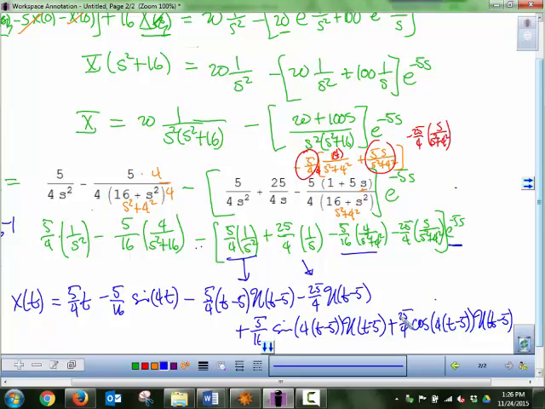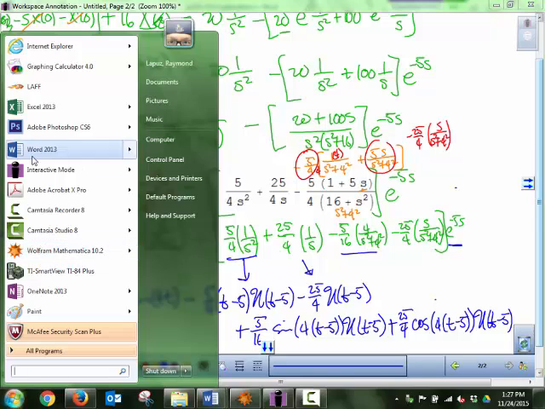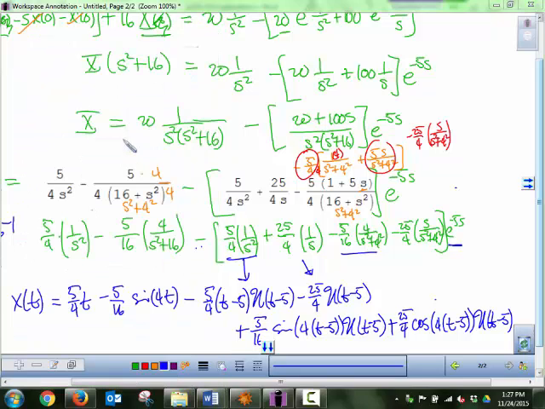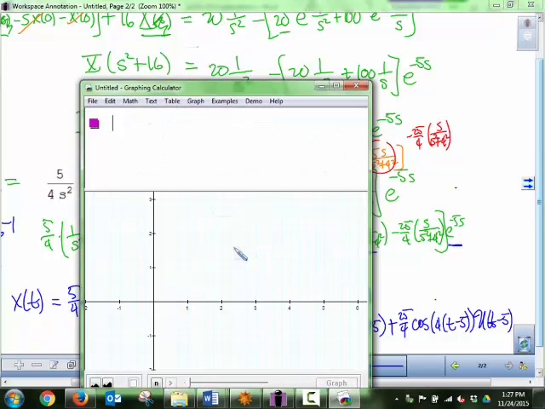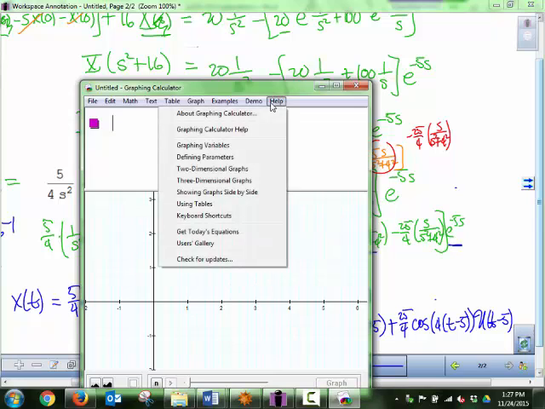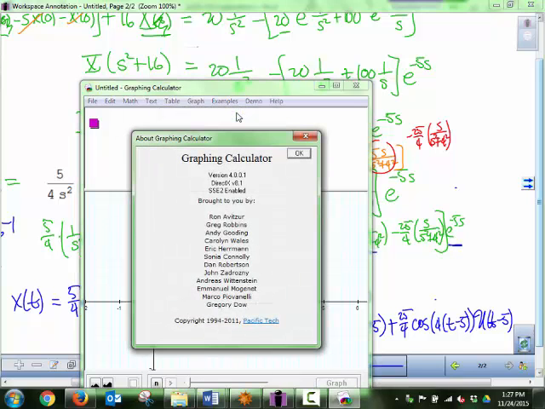They asked us to graph this. I don't know if I want to graph it. Let me see if I can graph it. I'll give myself 3 minutes to do this. Oh boy, I need help already.